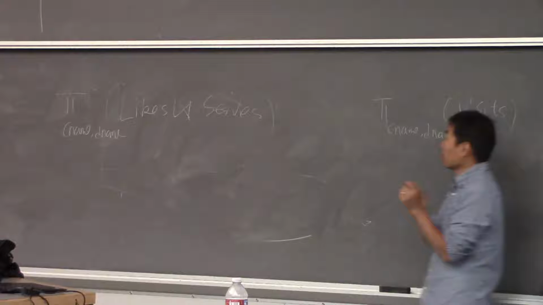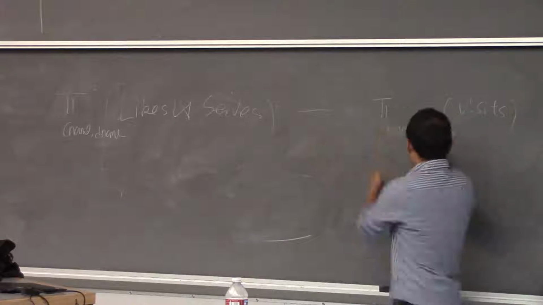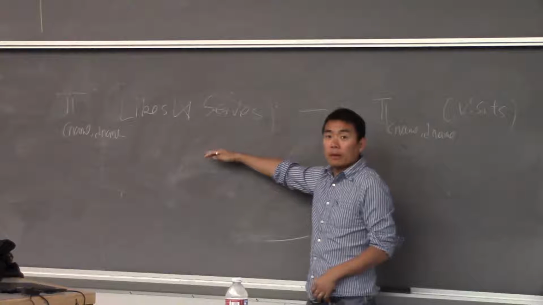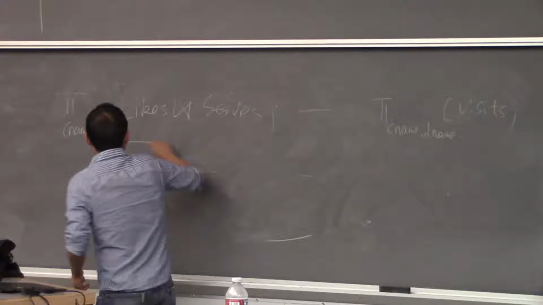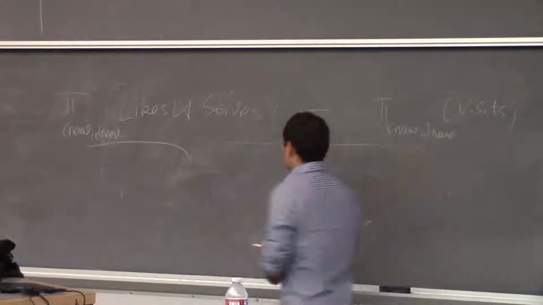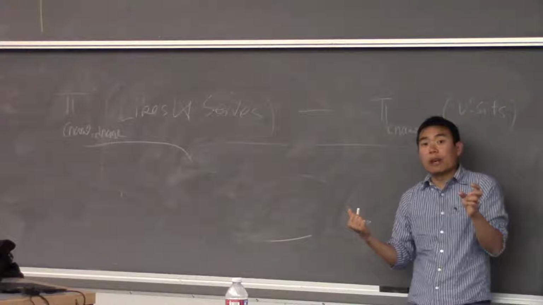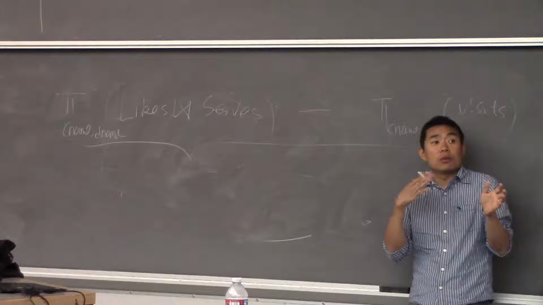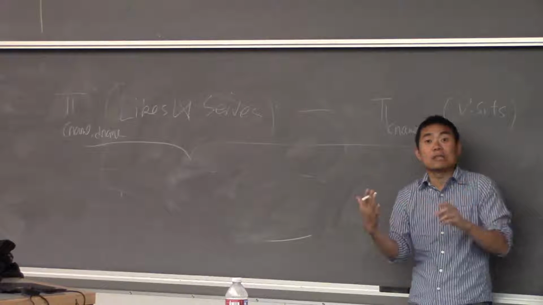Then you subtract this set from the first one you just got. What does this whole thing give you? This gives you the combination between customer name and dealer name such that the dealer served a car he or she likes, but that customer hasn't visited that dealer yet.